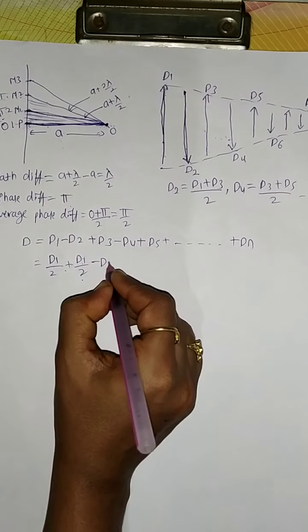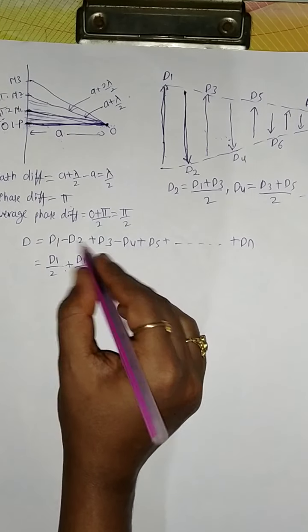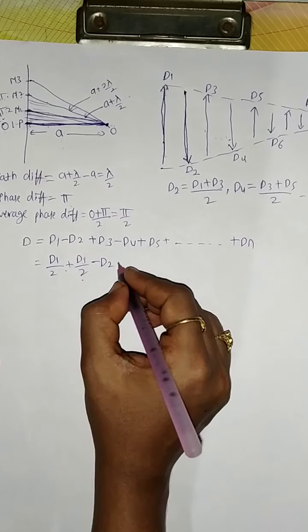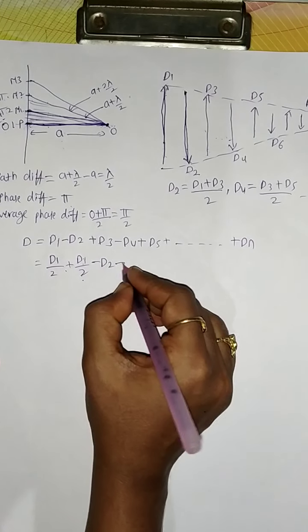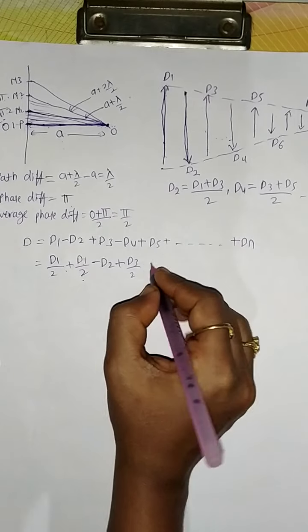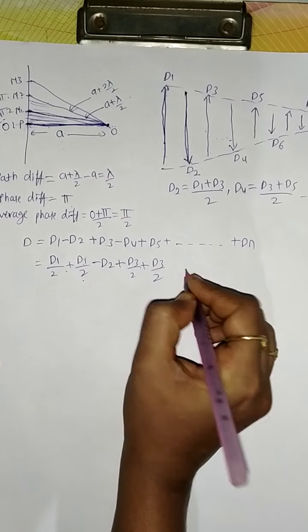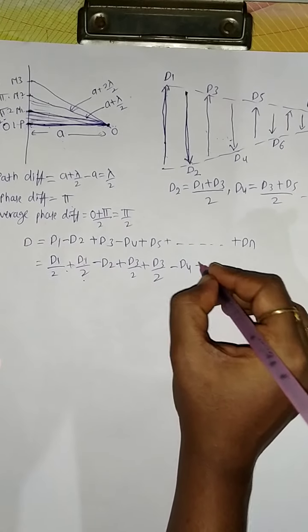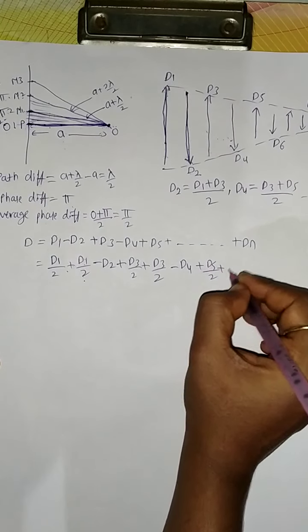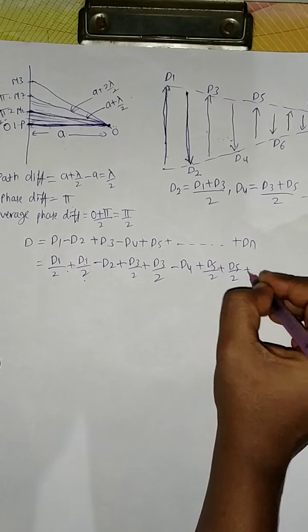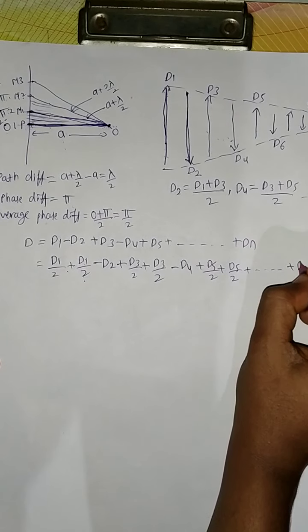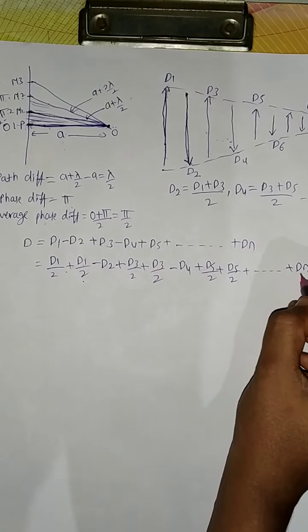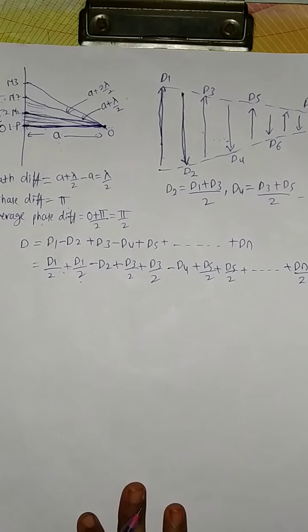Next, minus D2 I'll write as it is. Whatever the odd terms are there, I'll go on splitting: plus D3 by 2 plus D3 by 2, and minus D4 I'll keep as it is. Next, plus D5 by 2 plus D5 by 2, like that, going up to Dn by 2.